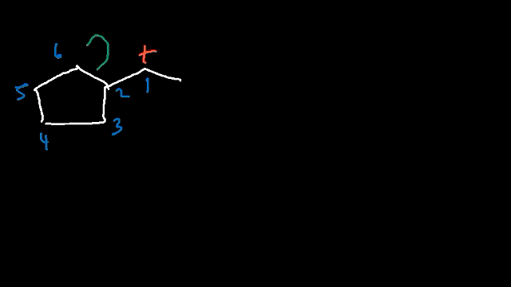Now let's understand how this carbocation expansion works. Now imagine if the bond between carbon 2 and 6 breaks. But now those electrons in that bond are going to go towards carbon 6. The reason for that is because carbon 6 is going to connect to carbon 1.